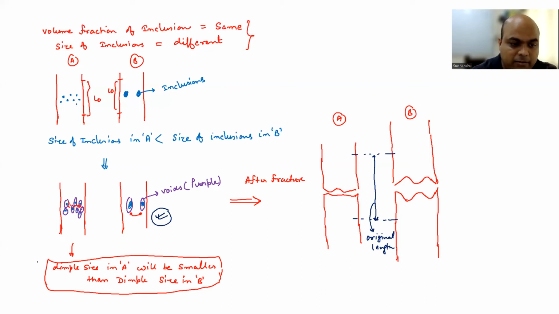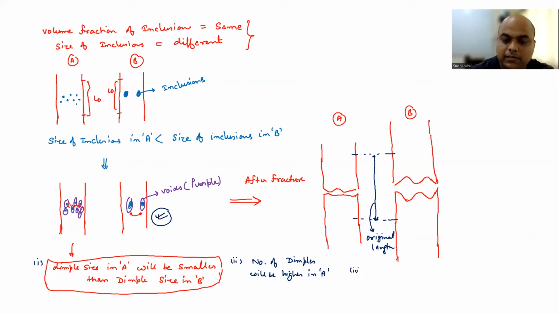So now let me write down, if I say this is 1, the second conclusion I can draw using this schematic is the number of dimples will be higher in A. Okay, because the number of inclusions is higher, and that means the number of voids is going to be higher.